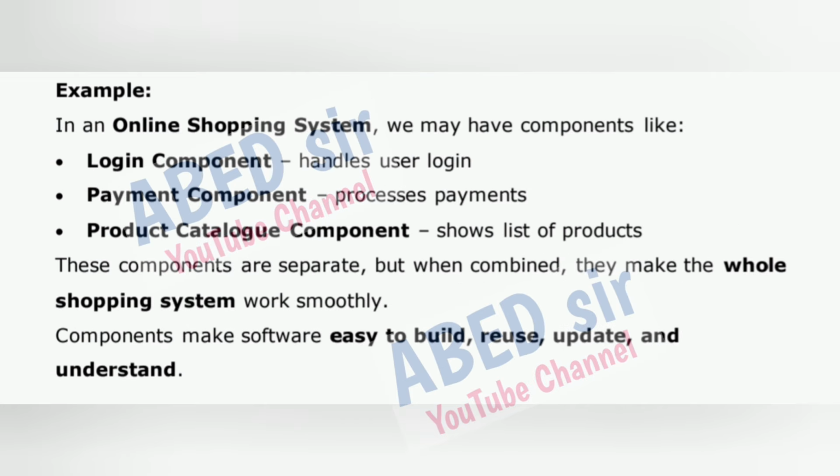Example: in an online shopping system, we may have a login component that handles user login, a payment component that processes payments, and a product catalog component that shows the list of products. These components are separate, but when combined, they make the whole shopping system work smoothly. Components make software easy to build, reuse, update, and understand.